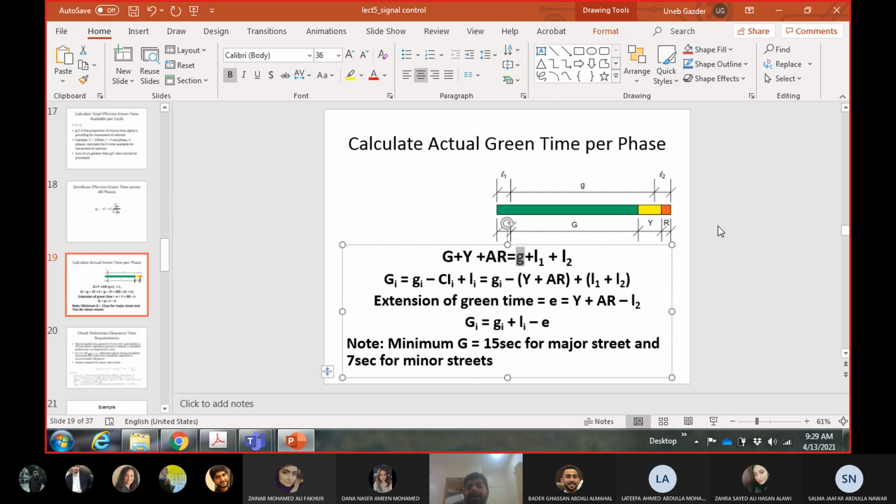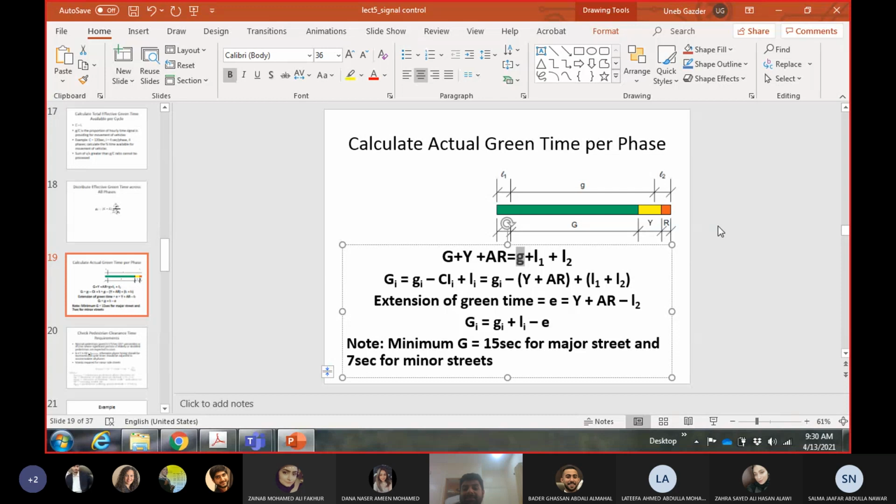But actually, when you see the signal turning yellow and you feel you are far from the intersection, even the last maybe half a second or 1 second of yellow time is not utilized, because you have already made up your mind that you will not be able to go through.